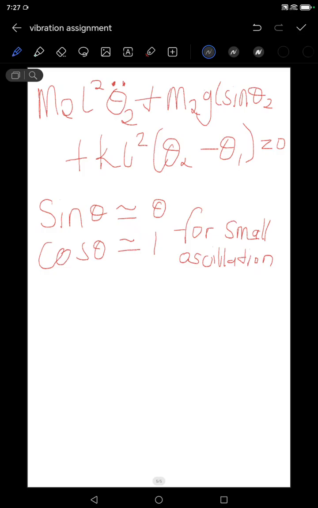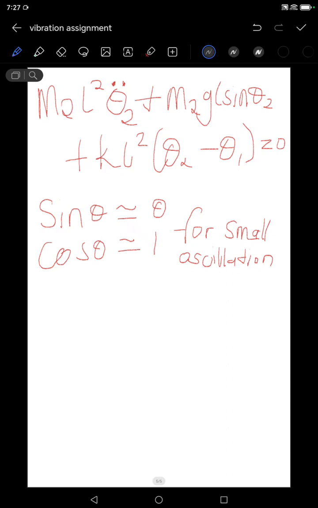So now let's write our equation 1 and equation 2 in a matrix form. Before we do that, let's write sine theta in terms of theta.